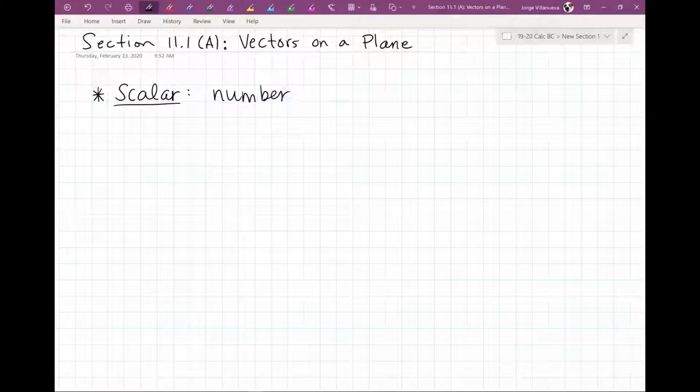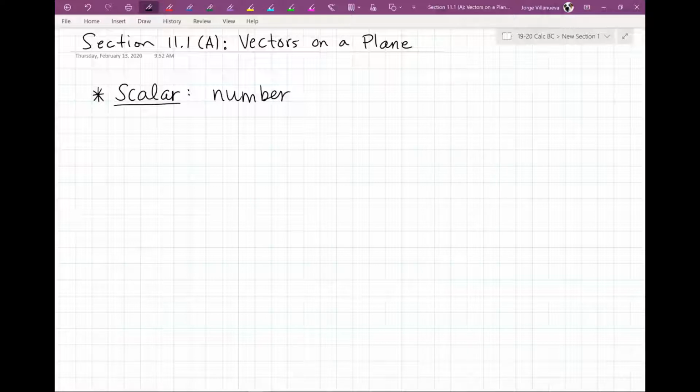So instead of using constant, like we do, right? Constant's just a number. A lot of times vectors have to deal with physics, and in physics the word constant means something else, like gravitational constants, universal gravitational constants. Since they don't want to mix up the word constant with things in physics, they change it to scalar in vectors.